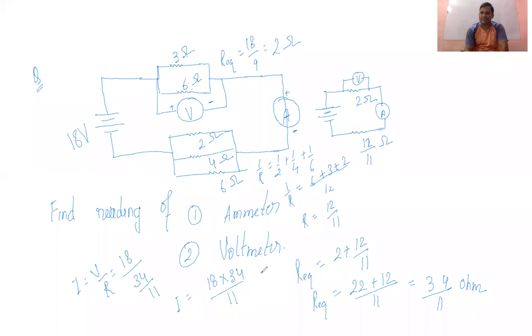So anyone solve this one? The current is of 18 ampere. This will be this one, 11, and now you can solve this. This multiplication is correct.